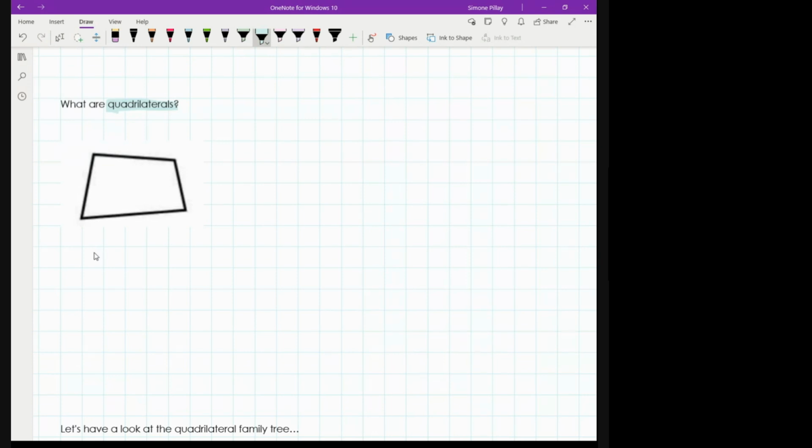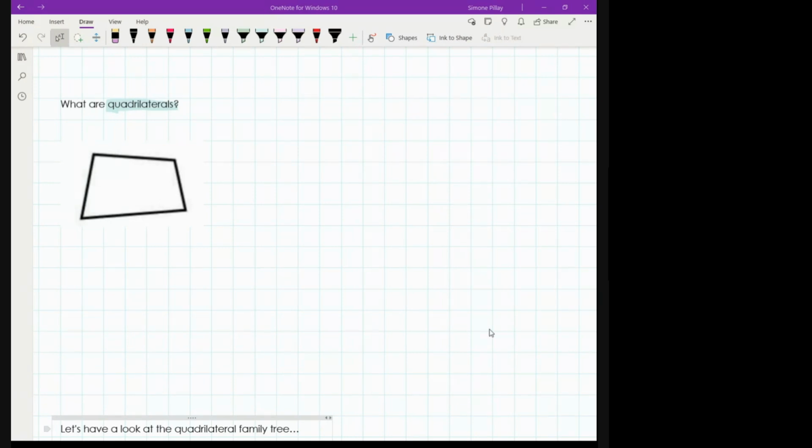What are quadrilaterals? You guys can let me know in the chat if you have an answer, but I do see a hand raised. Bree, yes.